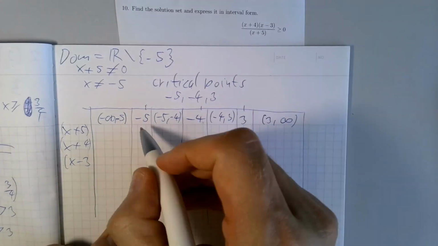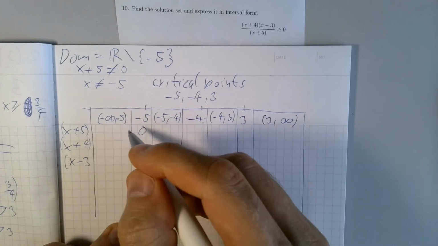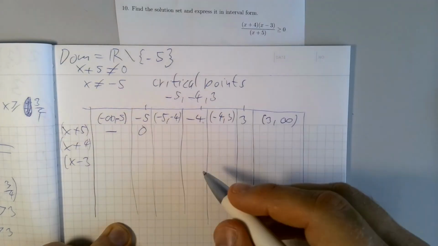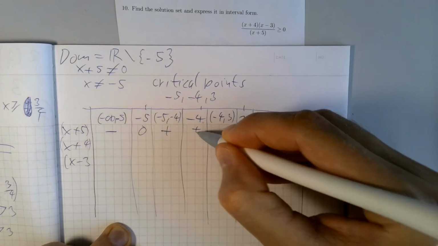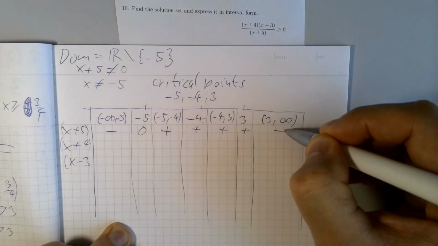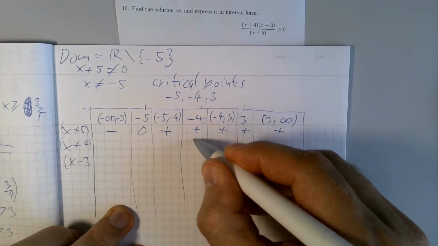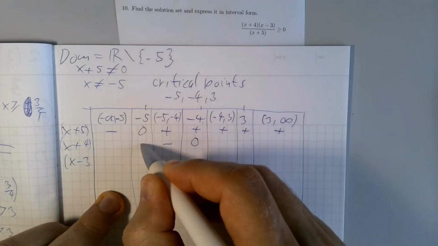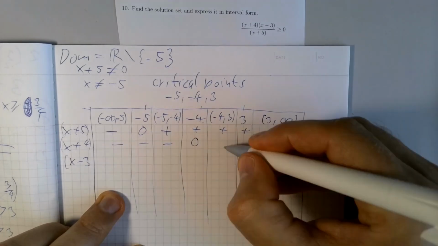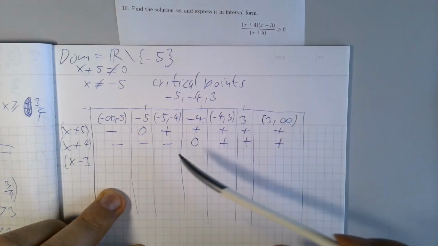I know that x plus 5 is 0 here, and it is negative to the left, but after that it's just positive. Then x plus 4 is 0 here, negative before it, and positive after it.